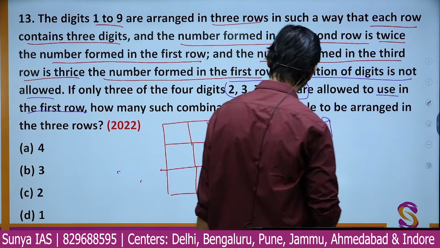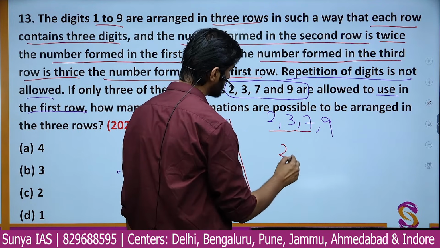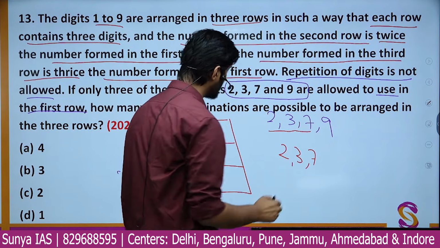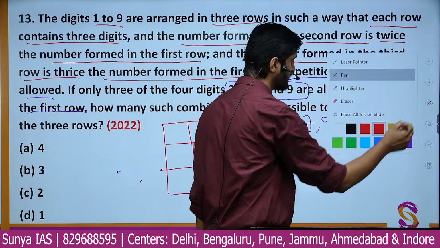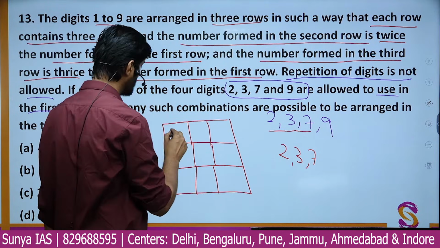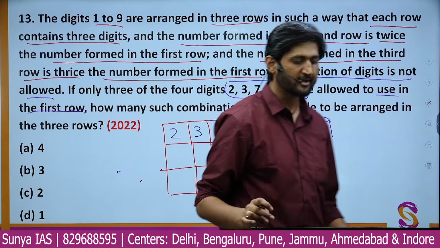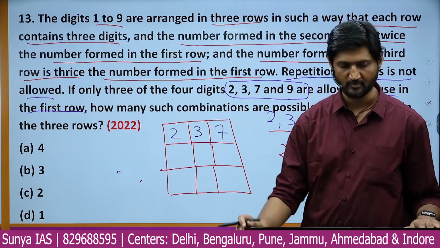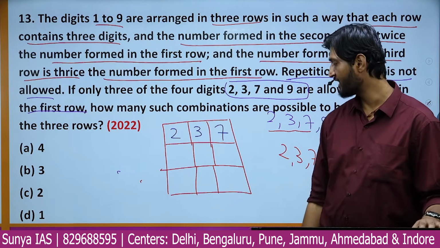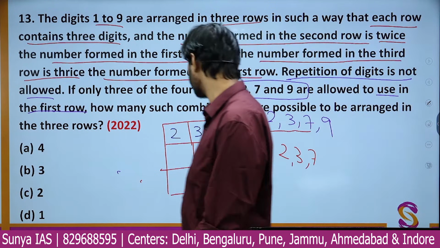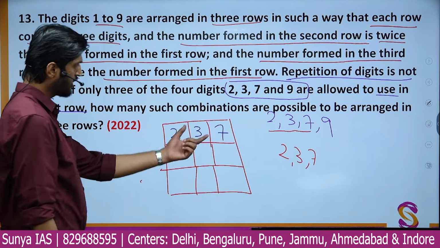Let's say we choose the number 2, 3 and 7. So the number is 237. We are filling the blocks in such a way that we have here 237. Now we'll have to choose other numbers such that the numbers are double.